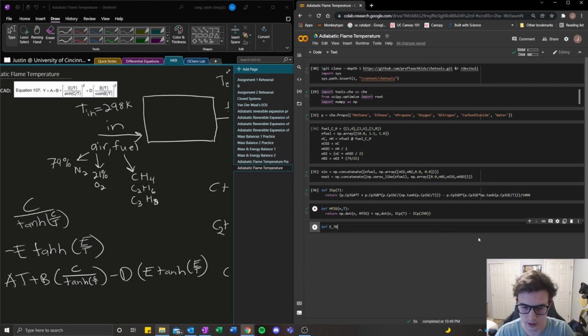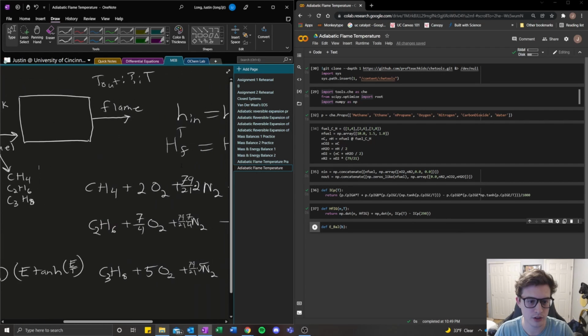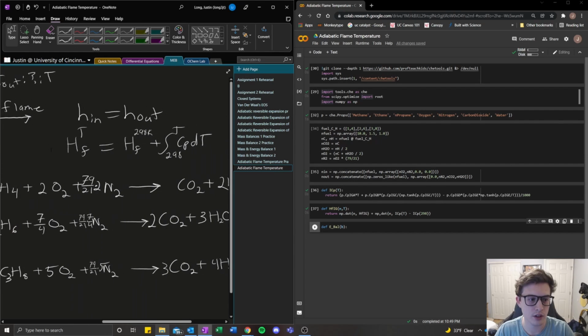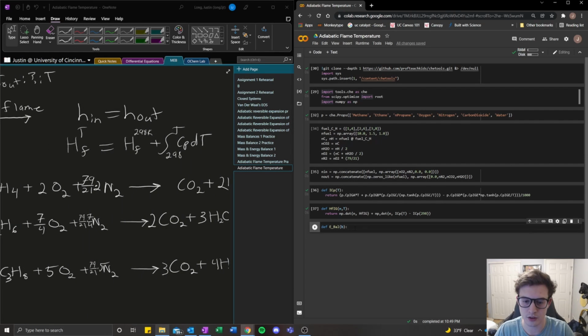We'll just shorten that to eval, and we're calling it this because it's setting up this equation over here that we have in our notes, and this is just our energy balance equation. And this will just let us use a root solver. And we're throwing in the dummy variable T, or B here, so that we can just use T. It'll just make our lives simpler.